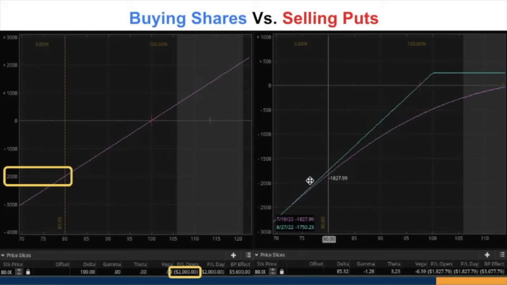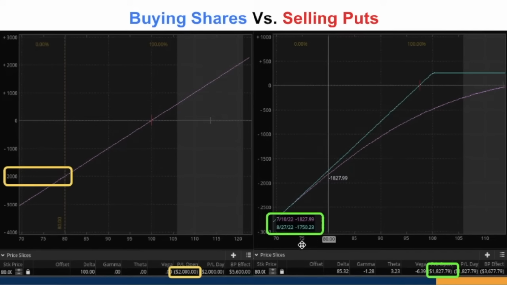At this point in time, if the market were to immediately drop to $80, this purple line is what you'd be looking at. When it drops to $80, you'd be losing $1,827, and at expiration, you will lose $1,750. This is the box you take a look at. This is the risk profile.